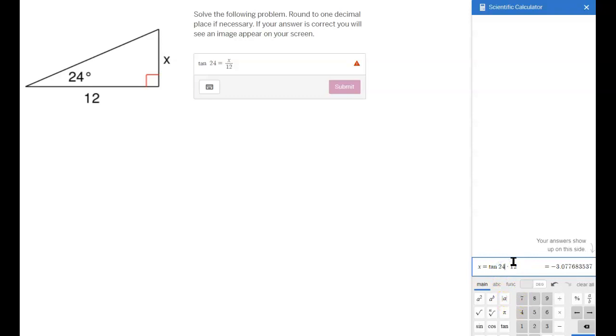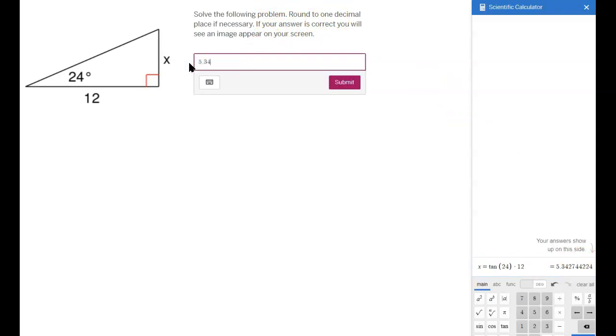Well, I need to make sure that tan 24 is separated from the 12 so that I do tan 24 first and then I do times 12. This tells me that x is equal to 5.3427. Then I'm going to go ahead and round to the nearest hundredths place, which is going to be 5.34.